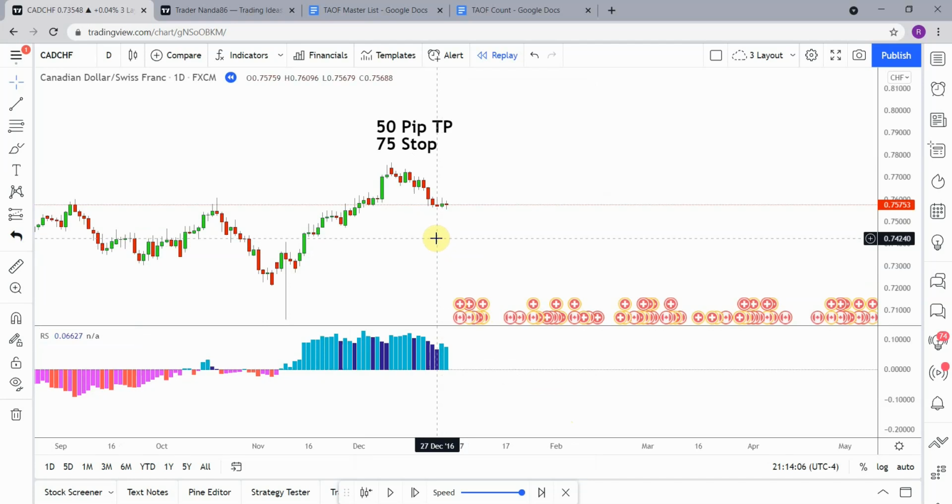So basically what we are looking to do is when we get a cross of the zero line to the upside, so when we get a blue or kind of teal aqua light blue color, whatever you want to call it here, that is going to be a signal to go long.